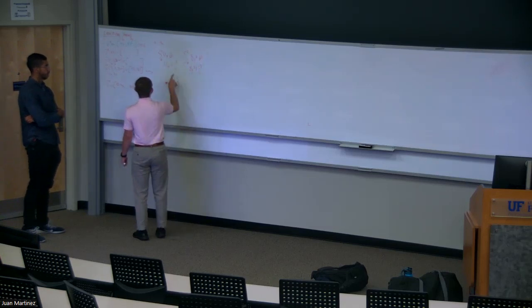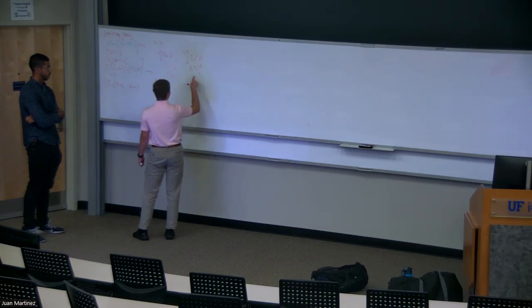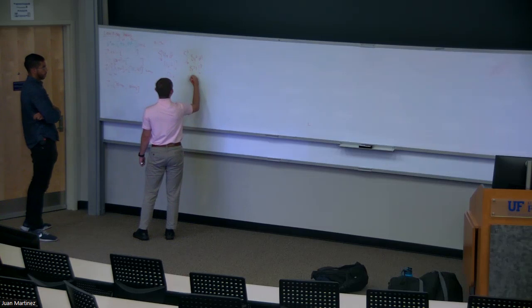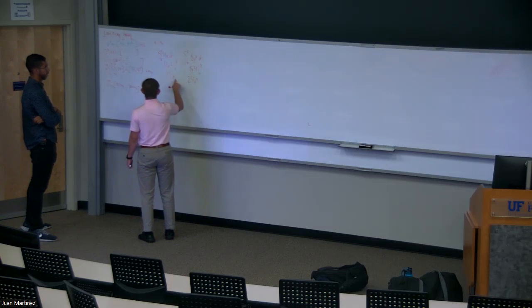Since I integrated this, the lower limit 0 would give 0. This will be 12x, and this will give me 24 y squared. And this would be Rx, which is the vector position.